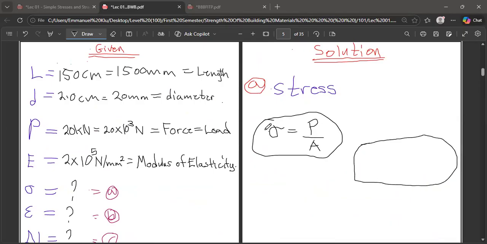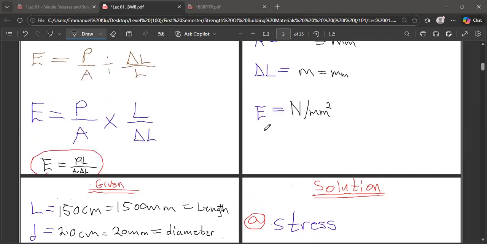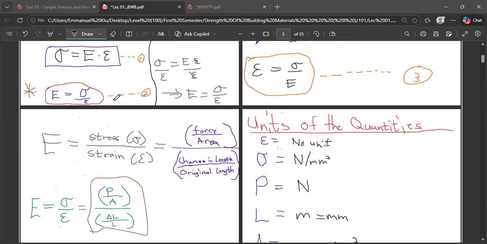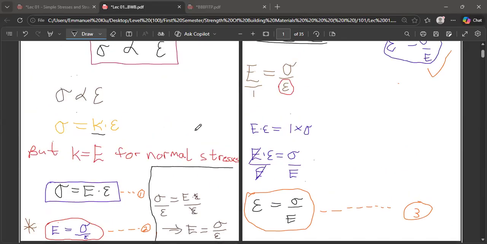Yes, stress is equal to strain over elongation. You said stress is equal to strain over elongation.